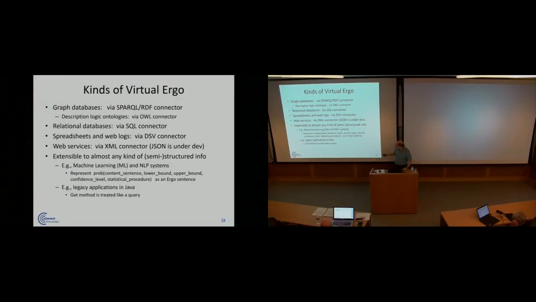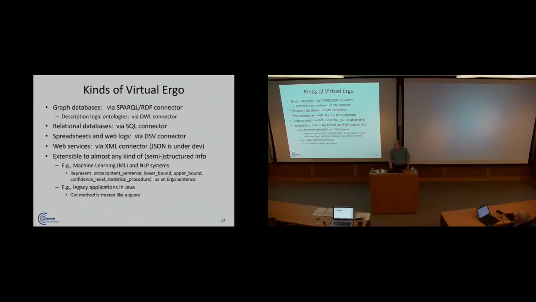So, for example, I can have a content sentence and then a lower bound probability, an upper bound probability, a confidence level, like 0.01 level of confidence associated with that range of probability bounds, and say statistical procedure or other kinds of provenance info associated with it, represent that in an Ergo sentence, pull info from multiple machine learning systems results, combine that with other non-machine learning info. You can send such information back to machine learning systems, send queries to them, feed them derived data.